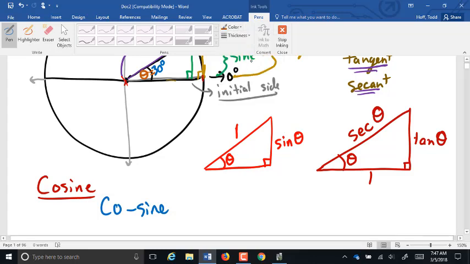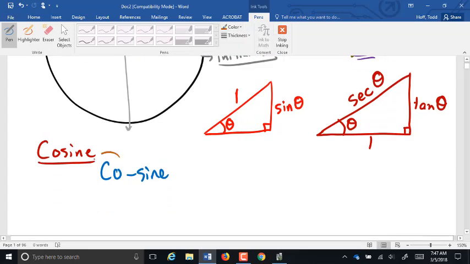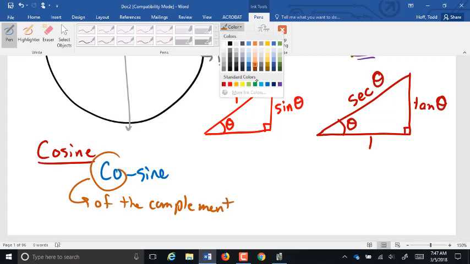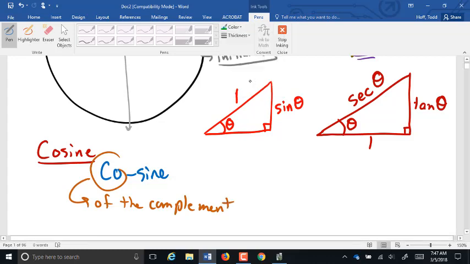The co prefix means of the complement. What's a complement? When we talk about angles, complements do what? Add up to 90 degrees. Good.